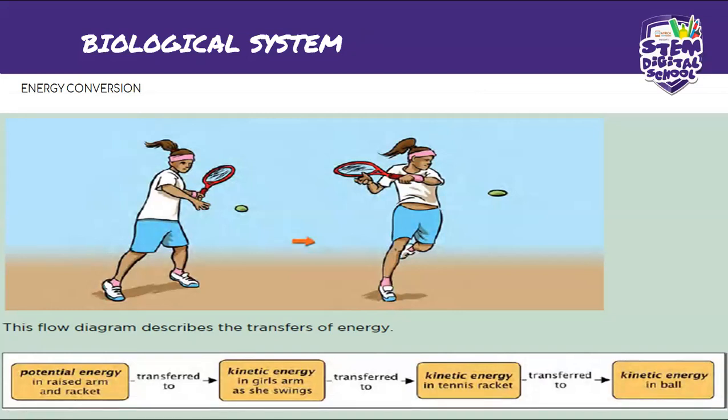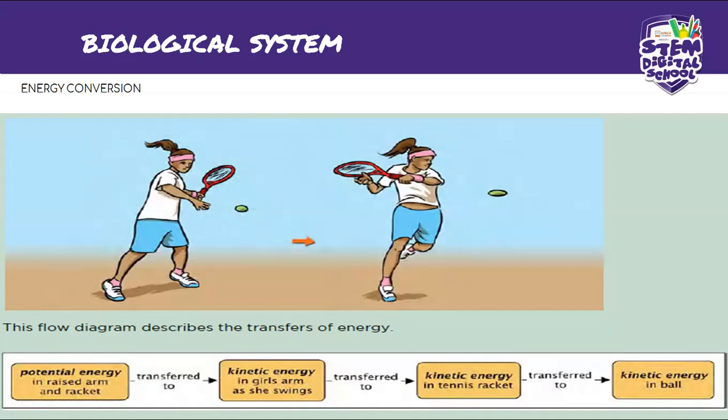So now let's look at another biological system. So here you can see that this is a tennis ball player. He's about hitting the ball. He hits the ball. So what is the energy conversion taking place? This flow diagram describes the transfer of energy.